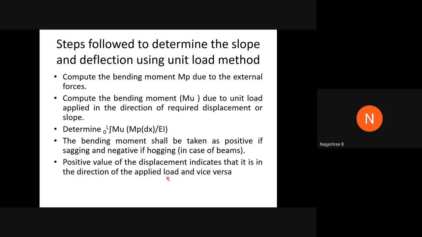Suppose you apply the force in the downward direction, then the moment will be in the sagging position, so you will get the displacement in that direction itself, and it will be considered positive. But suppose you apply the load in the downward direction and get the displacement in the other direction, the hogging direction, then that displacement will be considered negative. Is it clear, all of you?